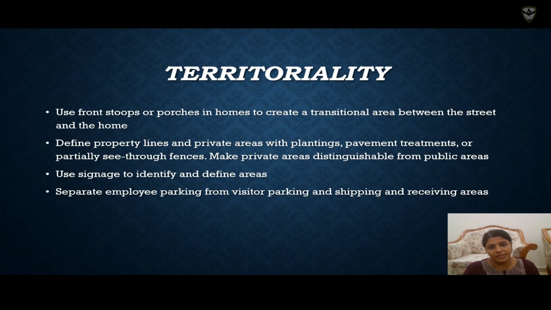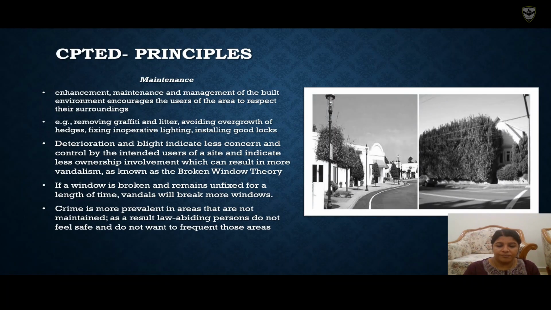Some of the examples again, as clearly stated here: separate employee parking from visitor parking and shipping and receiving areas. All of these minute changes in our environmental design can actually help in crime prevention.